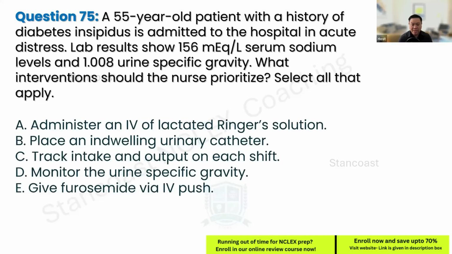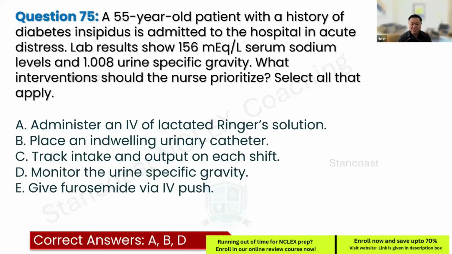Select all that apply. A. Administer an IV of a lactated ringer solution. B. Place an indwelling urinary catheter. C. Track intake and output on each shift. D. Monitor the urine specific gravity. And E. Give furosemide via IV push. Your answers here should be letters A, B, and D.